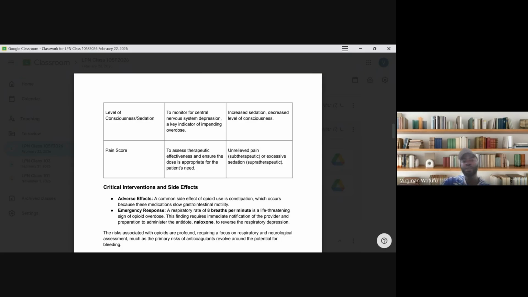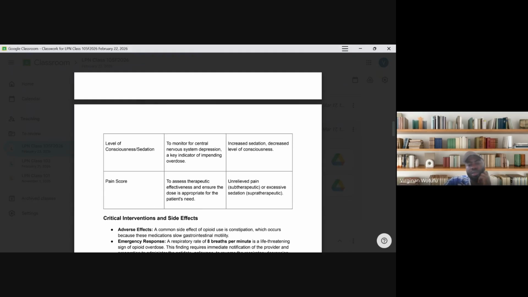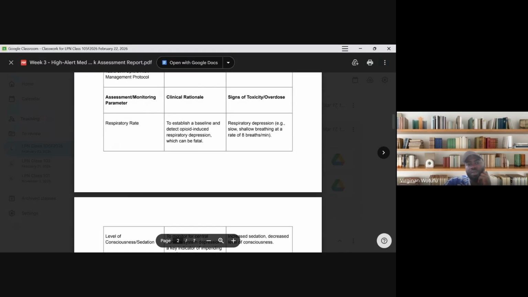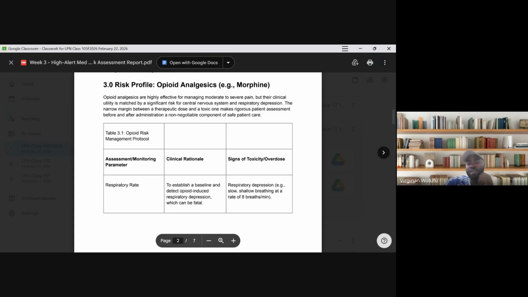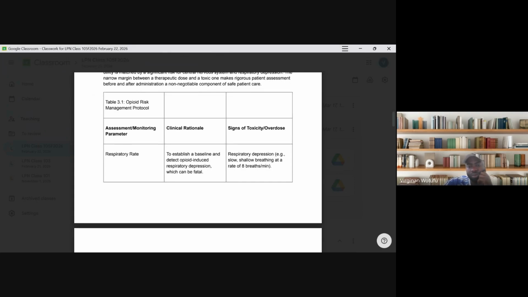So looking at the critical interventions and the side effects, we just looked at this table here. Can someone help us with the side effects of opioid analgesics? The side effects and toxic effects.